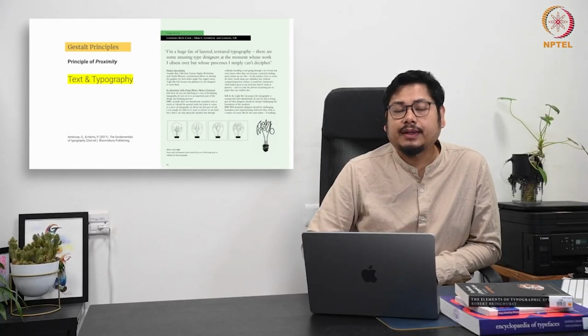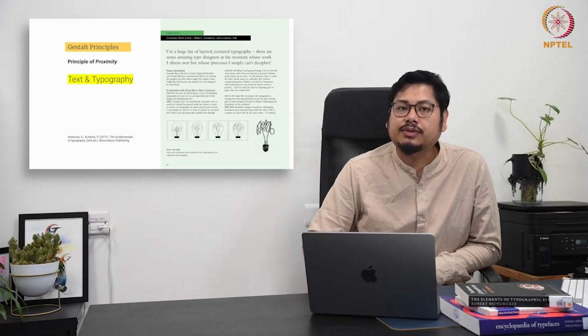So this is how the idea of proximity plays in and helps us navigate the information in terms of groups. This also enables us to consume the information in segments, which is also what hierarchy is about.